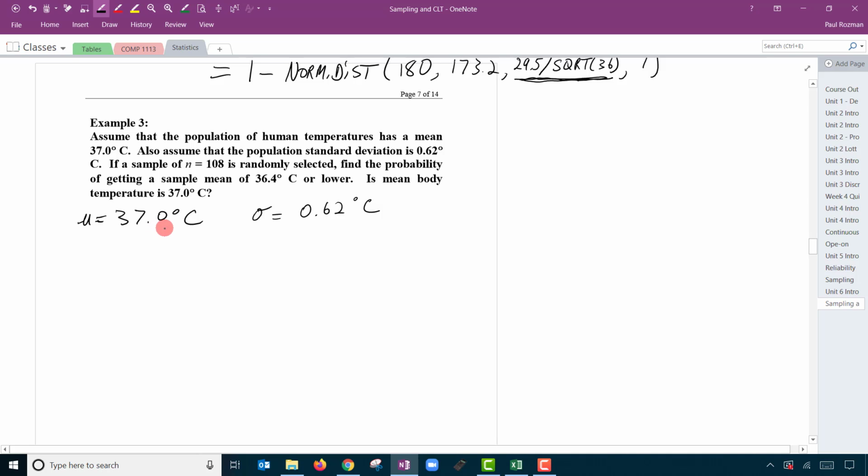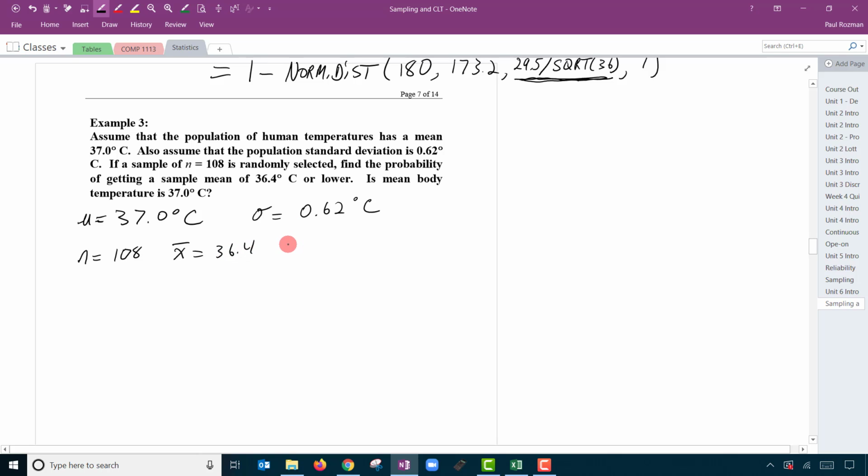So let's do a study. I get 108 random people, measure their temperatures accurately. I have a whole list of 108 values. Here's my experiment. Then I calculate X bar, which is 36.4 for my group.